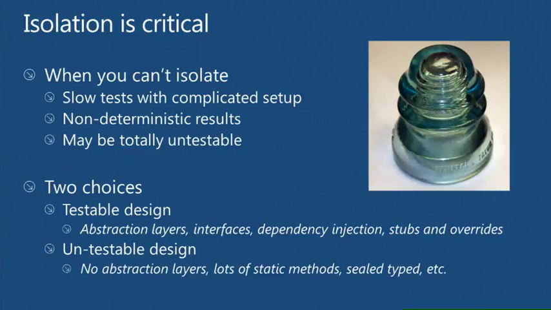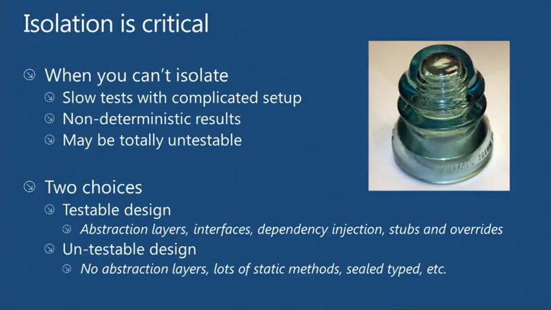So the essence of good unit testing, then, is isolation. It is creating isolation from the thing we want to test, the thing we want to verify, and as many of its external dependencies as possible. Remember, my definition of unit test is the smallest thing that I can test in isolation. So therefore, isolation is critical.